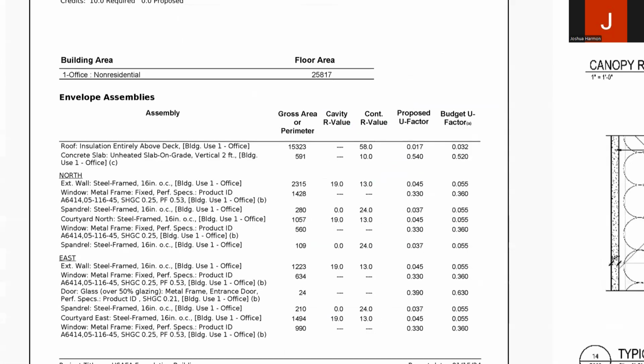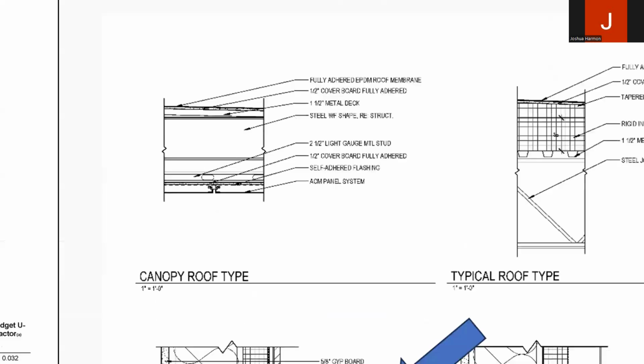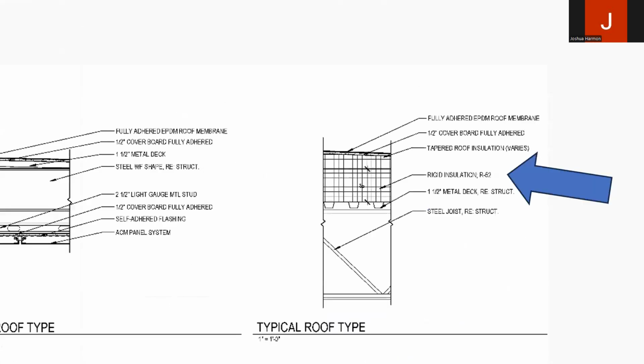But when we look at what our roof value was, 58. So what does that mean for us, right? That means they put more insulation than required. Now, to me, if that was the only thing on this plan review, at the end of the day, I would make a note and approve it, right?